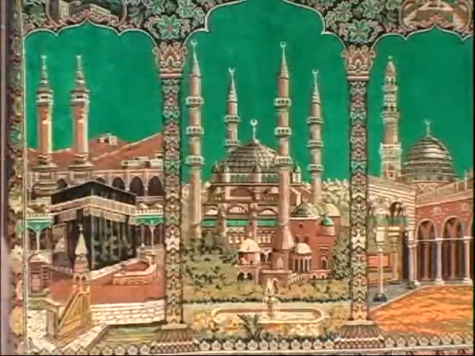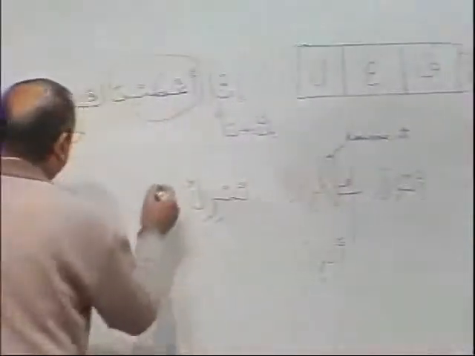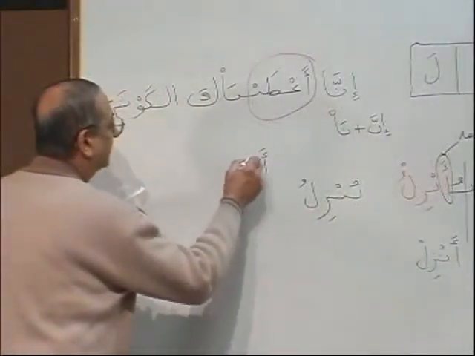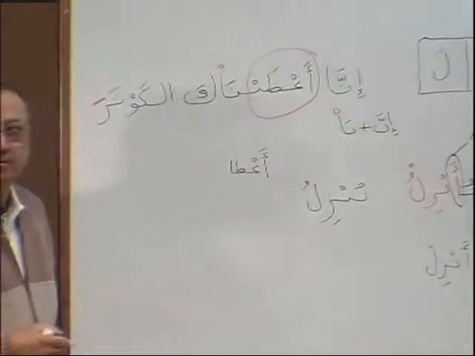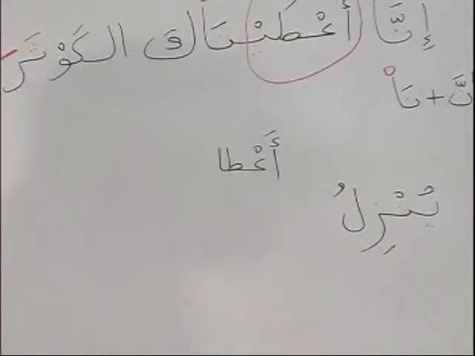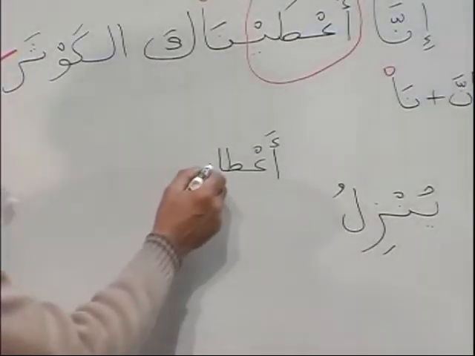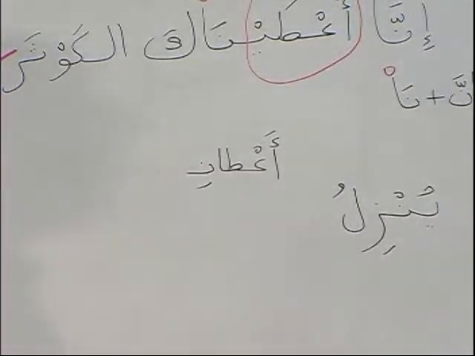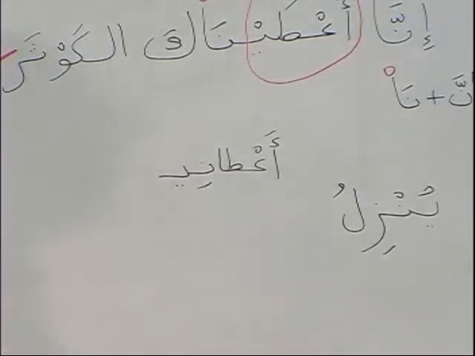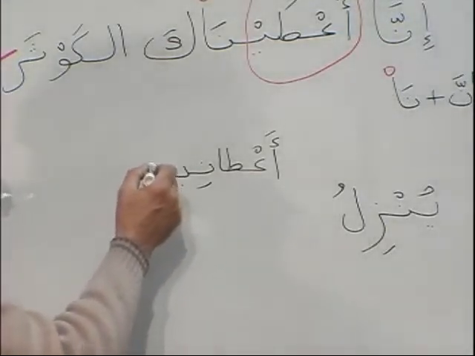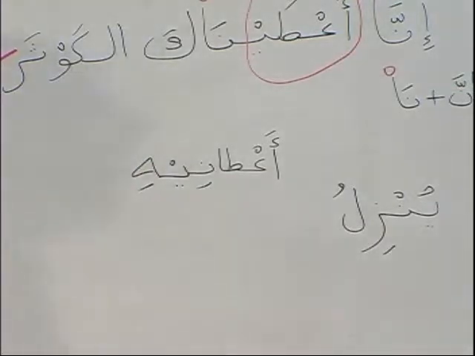Now let us look at it. This is your verb. Sahi? And then, what is this? Nun vikaya, noon of protection. And then, what is this? Mafulun bihi. And what is this? Mafulun bihi number 2. Got the idea?